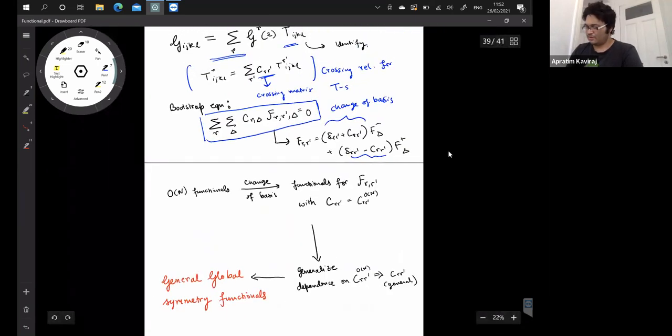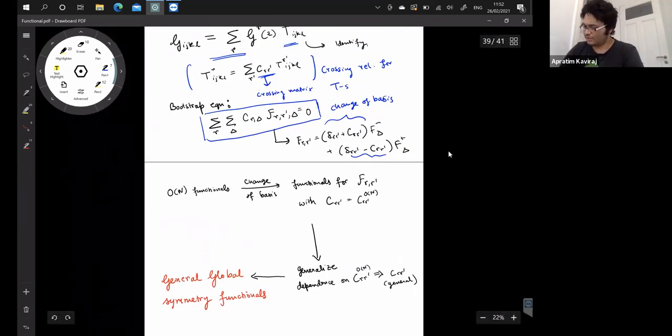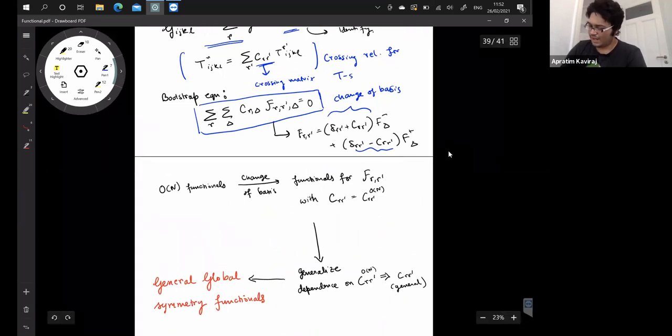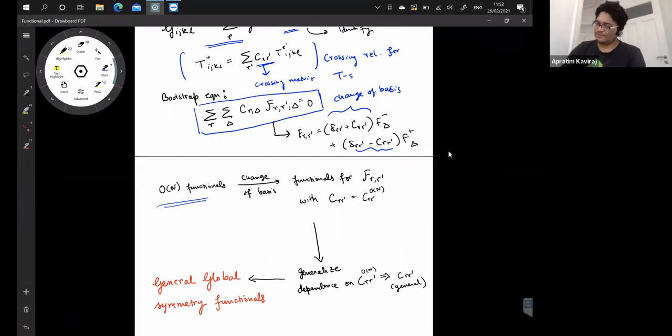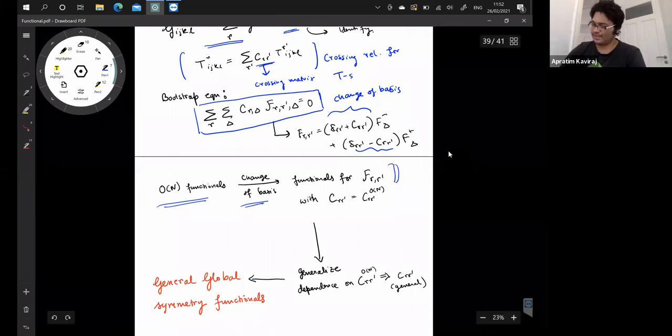And to get the general global symmetries, this is the flowchart: if you have, for example, the ON functionals, you can use this change of basis to obtain functionals that act on these F R R prime.